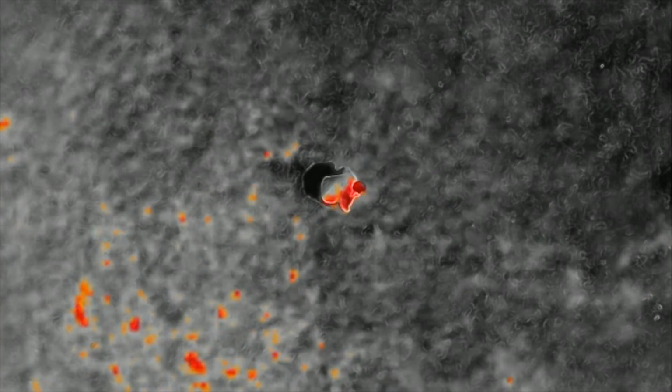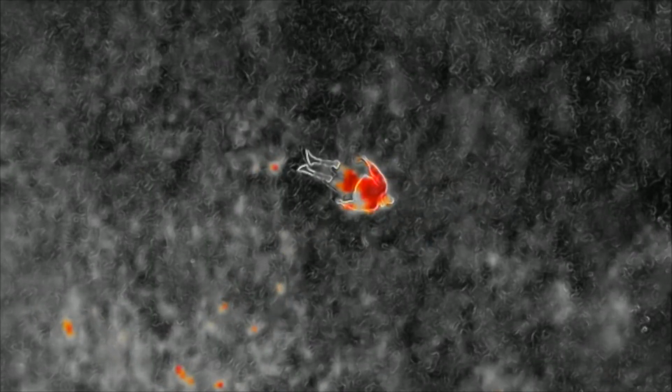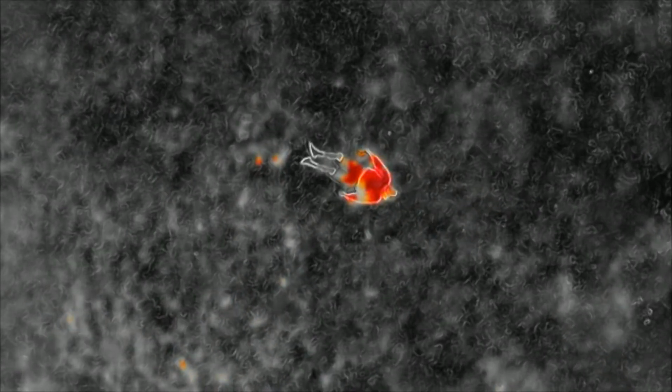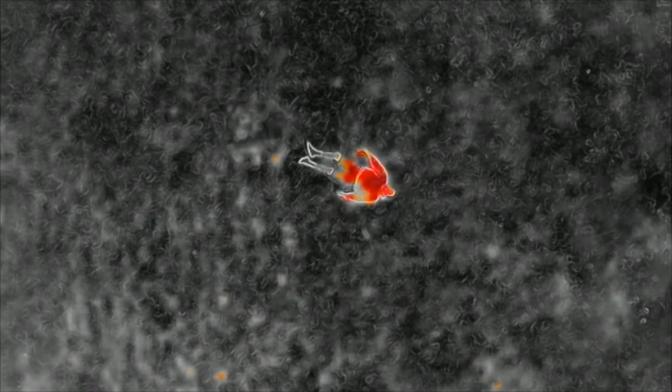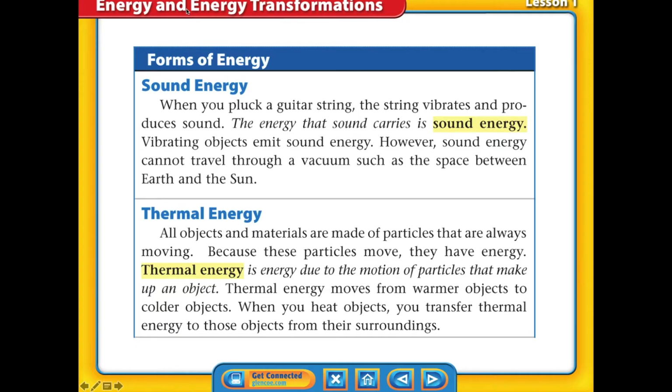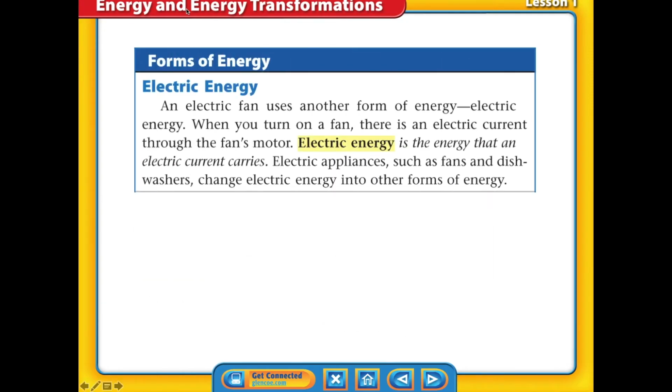You know, the human body is over 98 degrees and the surrounding area is cooler, so you can see the heat of their body. So that is thermal energy due to the motion of the particles that make up an object.